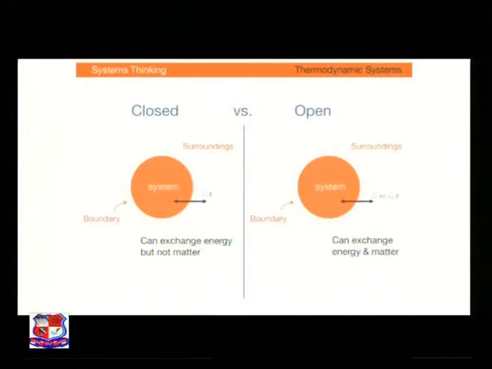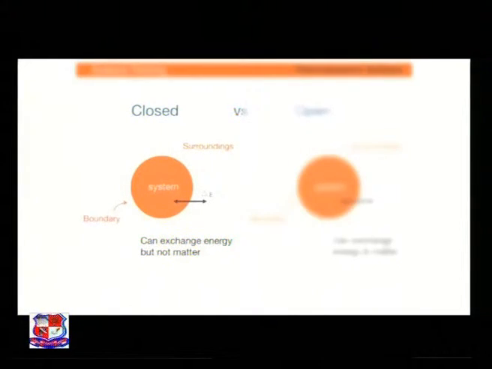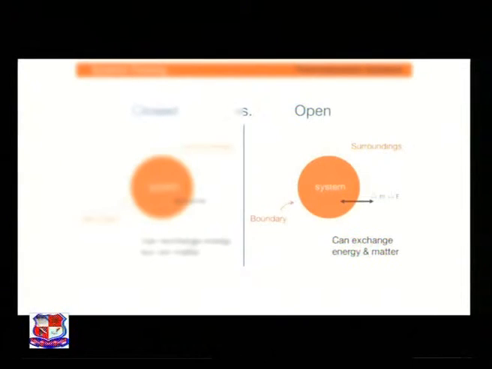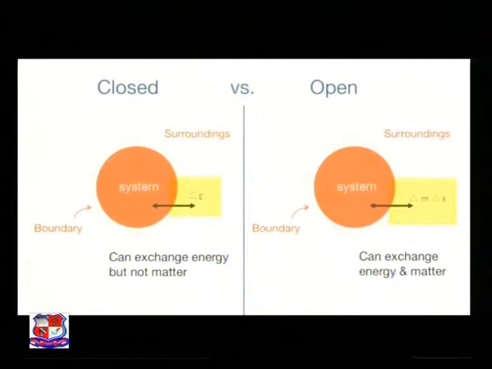Here we're looking at a specific type of system, a thermodynamic system. In a thermodynamic system, we are particularly concerned with the flow of energy and matter. This slide depicts two types of thermodynamic systems: closed systems and open systems. As you can see, both of these systems can exchange energy with its surroundings.